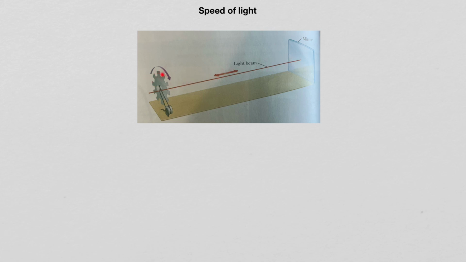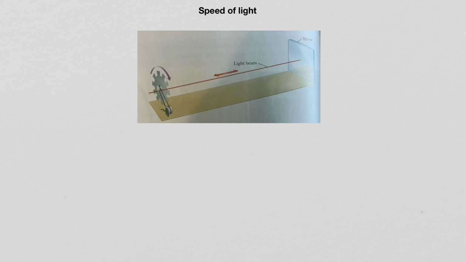When the gear is rotating at the proper speed, the light that is coming back will pass through the next gap in the gear. So it's going to go towards the mirror through that gap, and it's going to return through the next gap. So knowing the speed of rotation of the gear and the distance traveled by the light beam allowed Fizeau to make the first calculation of the speed of light.